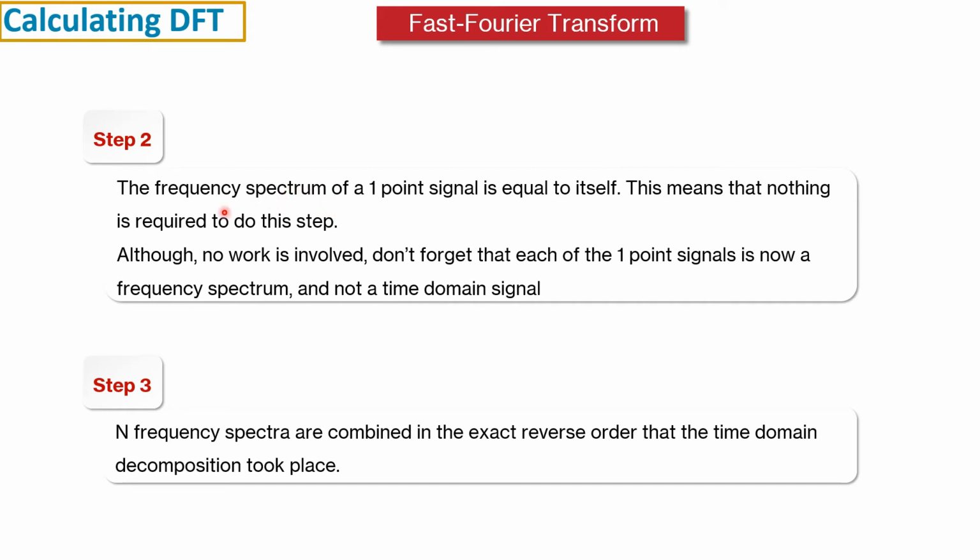In the frequency domain, a 1-point signal is actually equal to itself, so we do not need to convert it. As a process, we can consider that the 1-point signals are now in the frequency domain. They are no more in the time domain, so we will not represent them with small letters but with capital letters, saying that it is in the frequency domain.